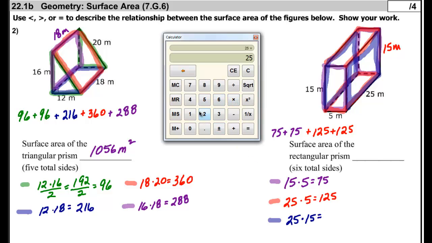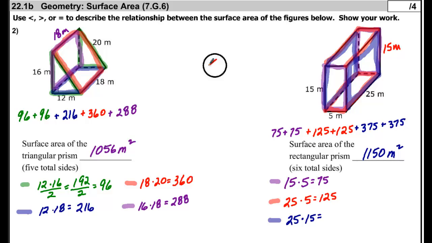So 25 times 15, that is 375. That will also appear 2 times. So we've got our 375 in. We need another 375. We need 125 and 125 and a 75 and a 75. 1, 2, 3, 4, 5, 6 sides. It ends up being 1,150 square meters. We can put our calculator away now.